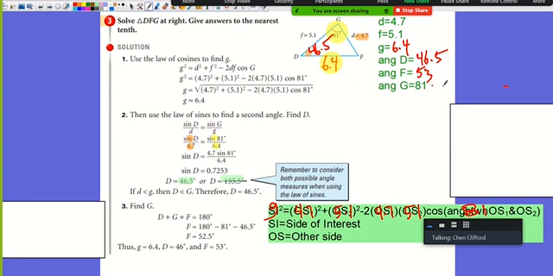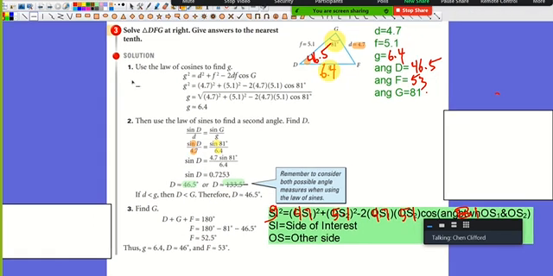All right. So let me just throw my arrows here. Part 1 is how you get the 6.4.